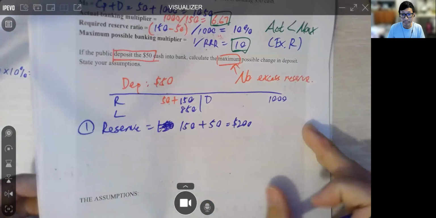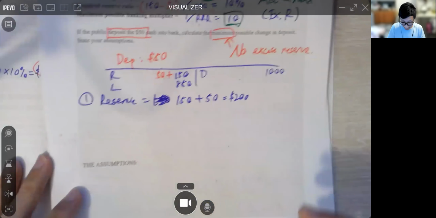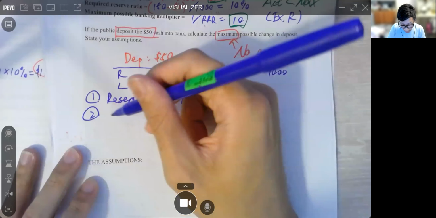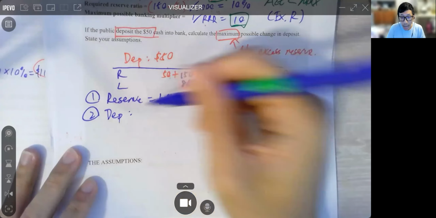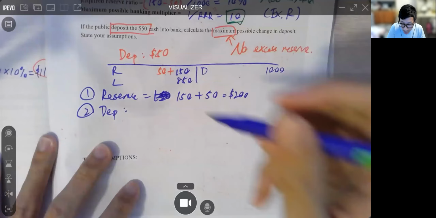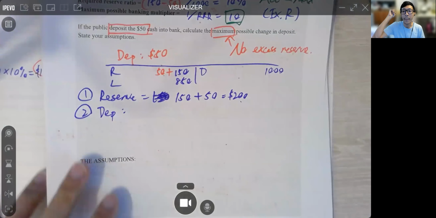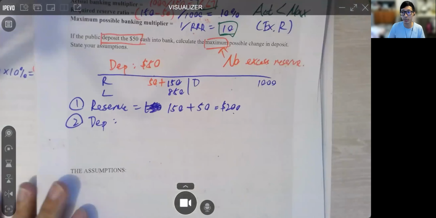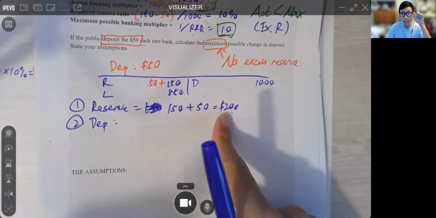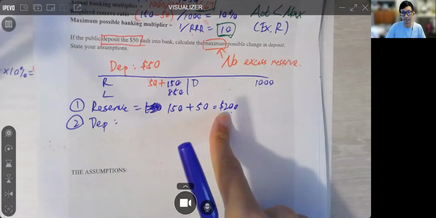記唔記得啊？ Second step, we calculate deposit. How do we calculate deposit? We know that 200, if this has to be maximum possible change, this has to be the minimum reserve.